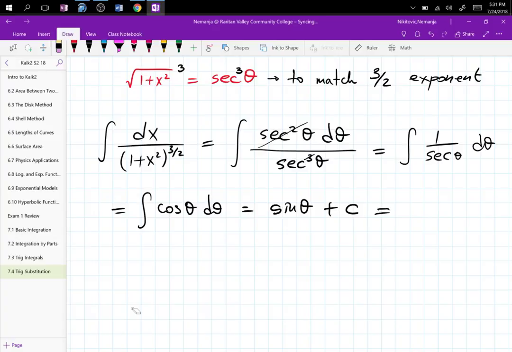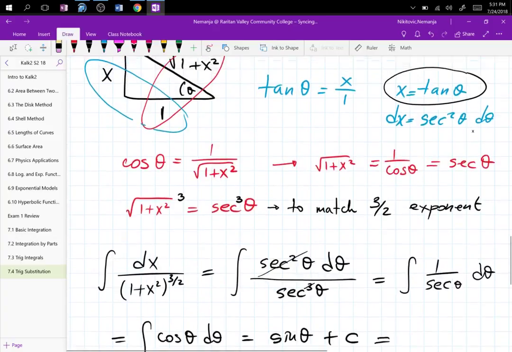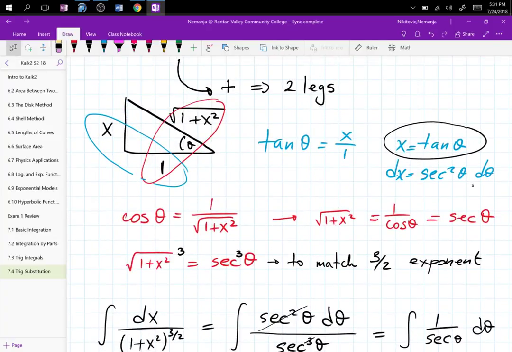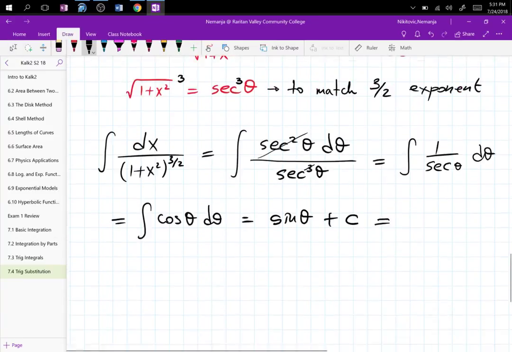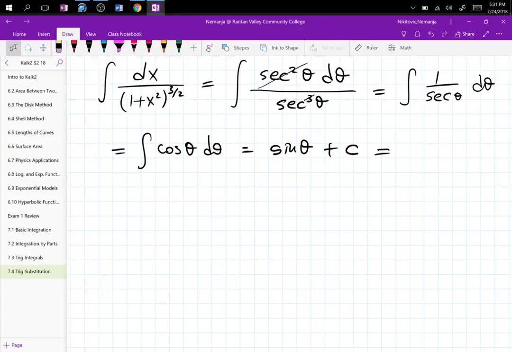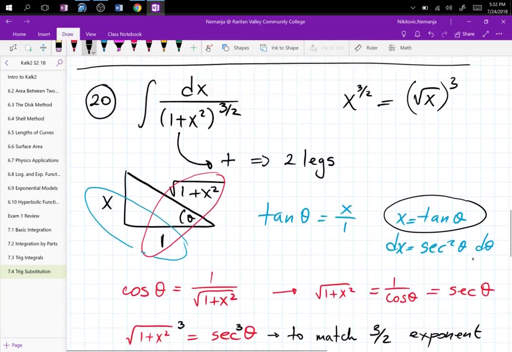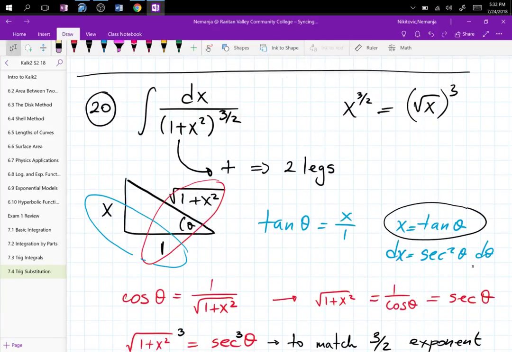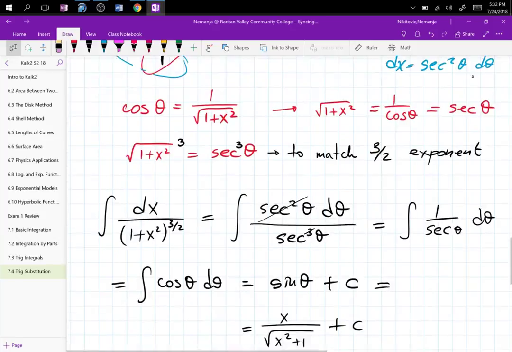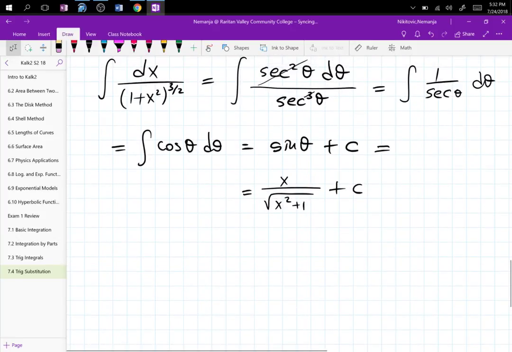So what are you going to do? Well, you're going to go to the picture, and you're going to figure out what sine is from this picture. And sine is x over the square root. Perfect. That's exactly what I replaced for the sine. It's x divided by the square root plus c. Right? It's opposite over hypotenuse. So you just replace that, and there you go.